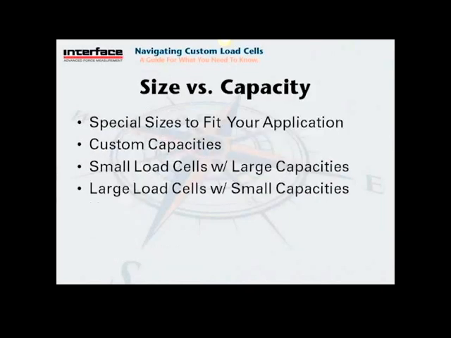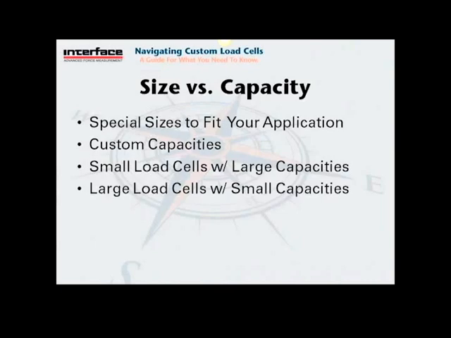Now we're going to talk about size versus capacity. The physical size of the load cell is somewhat driven by the capacity and the available space that you have. We do many custom size flexures, bases, and adapter assemblies to fit specific applications. A custom capacity may be a new flexure, or it could be a standard flexure calibrated at a different value.